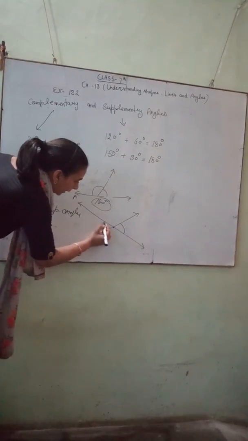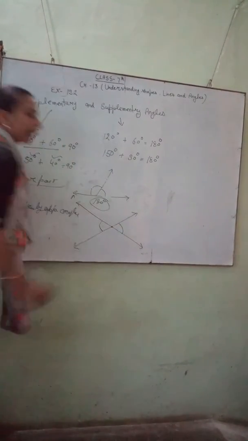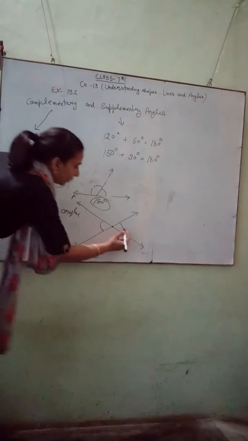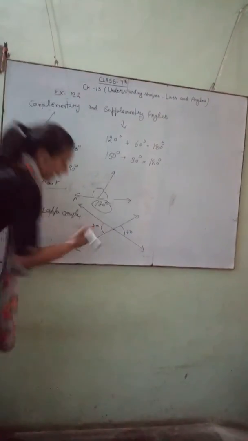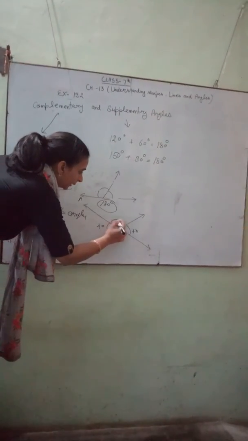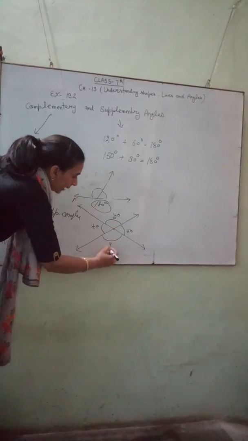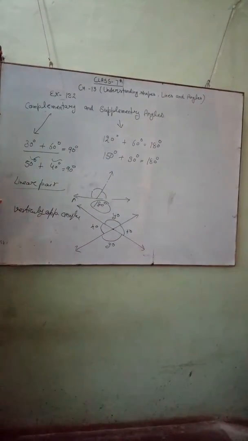This angle and this angle are vertically opposite, and vertically opposite angles are equal. If this equals x degrees, then the other is also x degrees. And this is also a pair of vertically opposite angles. This angle equals this angle. If this equals y degrees, then this also equals y degrees.